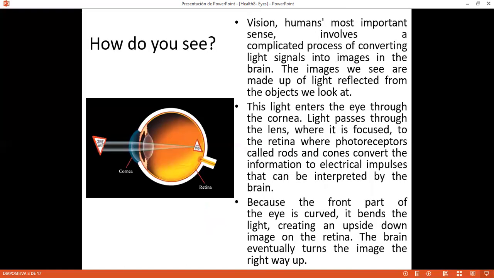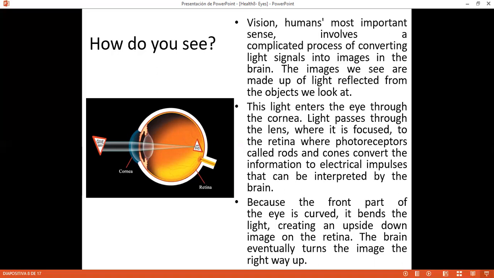So how do you see? You get the image of any item, then it goes through the cornea into the pupil, and there it goes into a lens that focuses it onto the retina, and it goes upside down.